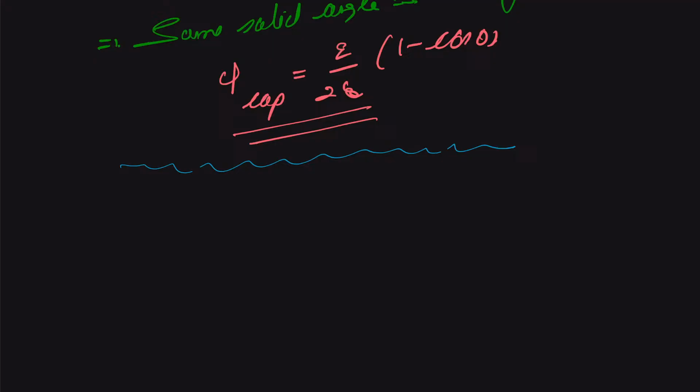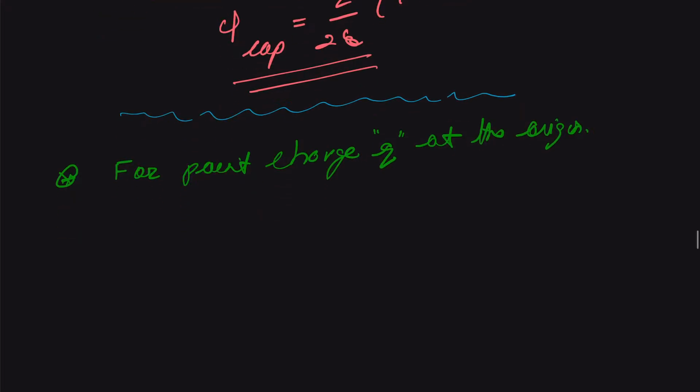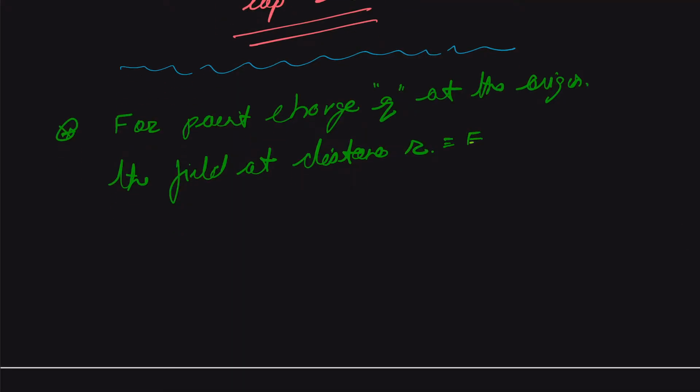We know that for a point charge Q at the origin, the electric field at a distance r is equal to 1 upon 4 pi epsilon naught, Q upon r squared, in the r unit vector direction.